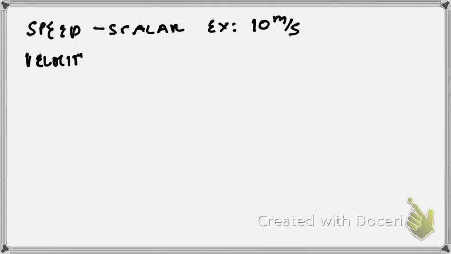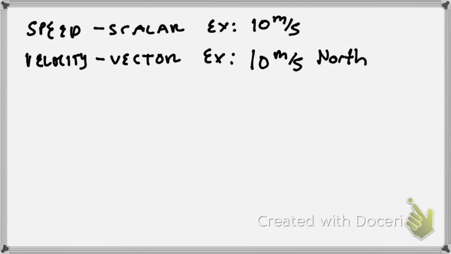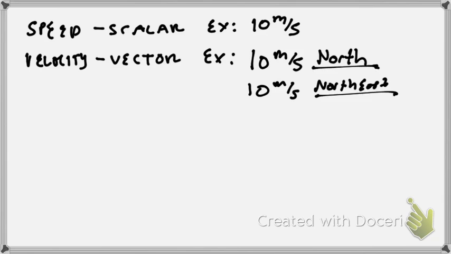Velocity is a vector, and an example of velocity would be saying 10 meters per second north, or 10 meters per second northeast. So there is direction to the vector. Acceleration is also a vector.